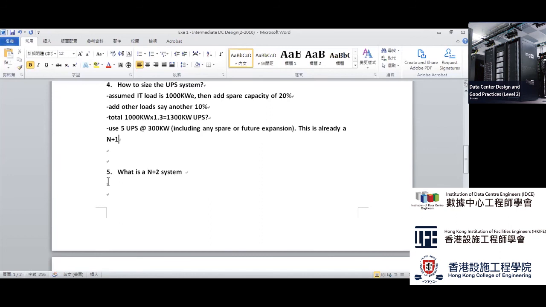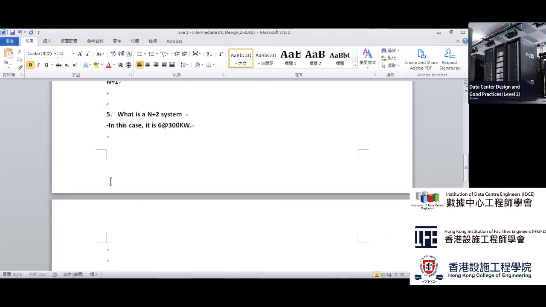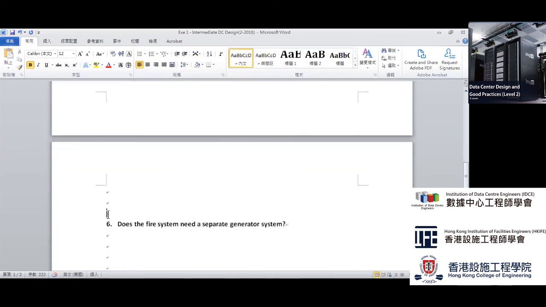So n+2, in this case, it is 6 units, each 300 kilowatt. Yeah, this is the n+2 system.